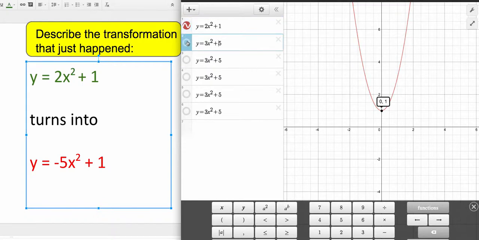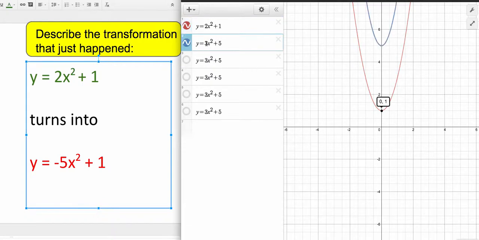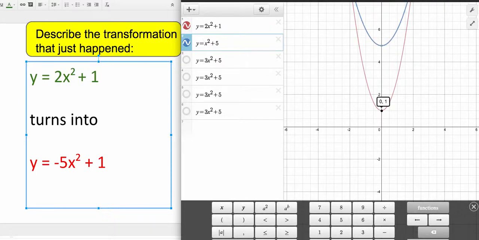Now here's negative 5x squared plus 1. You can see it still has the same y-intercept, except now it has a negative in front of the a term, which makes it open down. So that's the transformation. The y-intercept doesn't change, but this thing flips vertically and gets narrower.